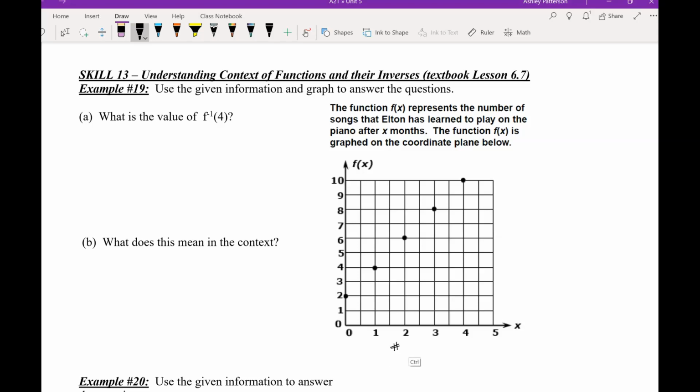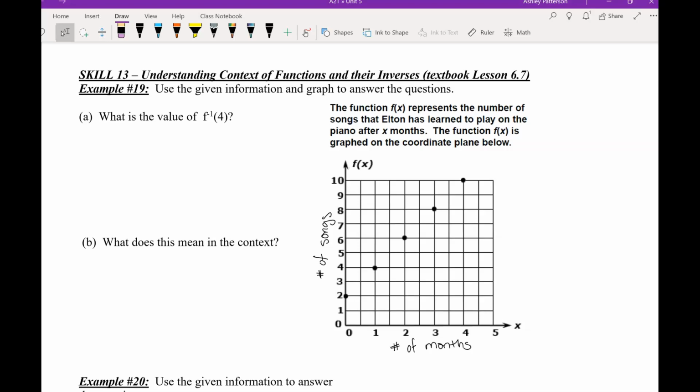So right away, I'm going to label my graph: number of months for the x-axis, and f of x is the number of songs. Use the given to answer the questions.